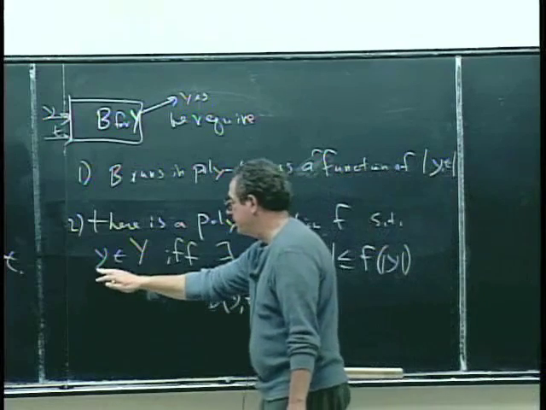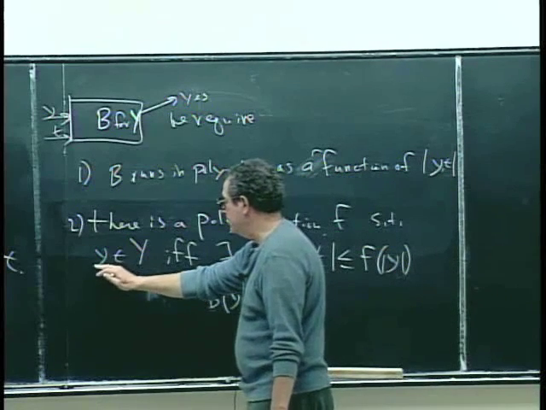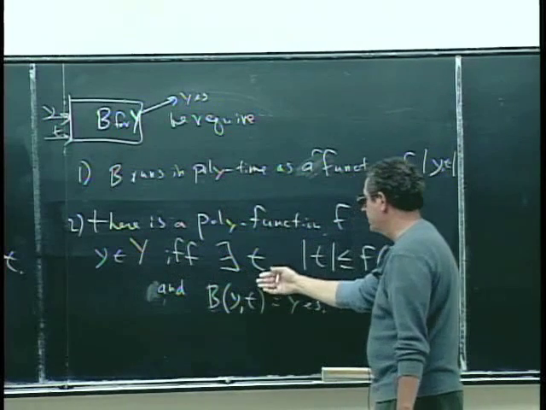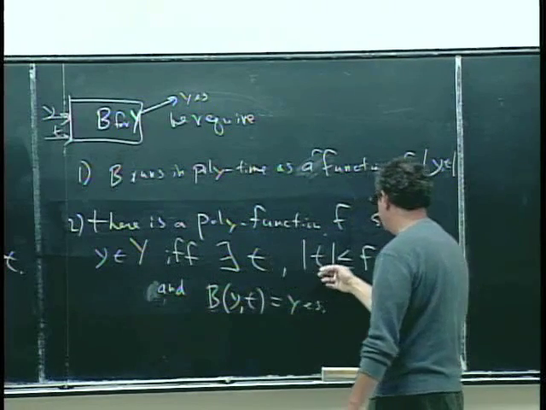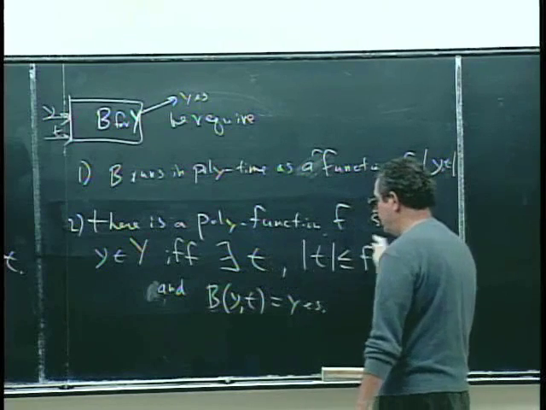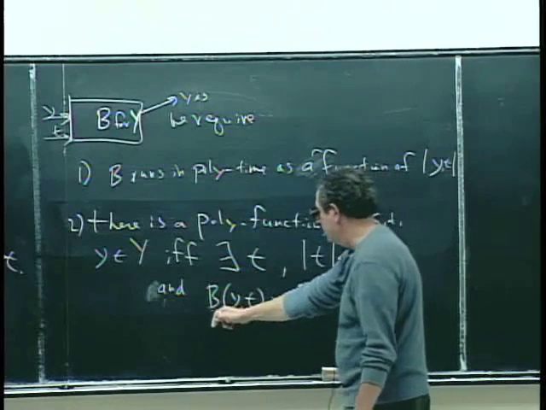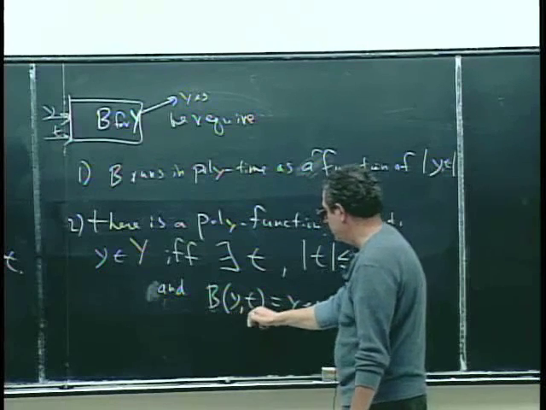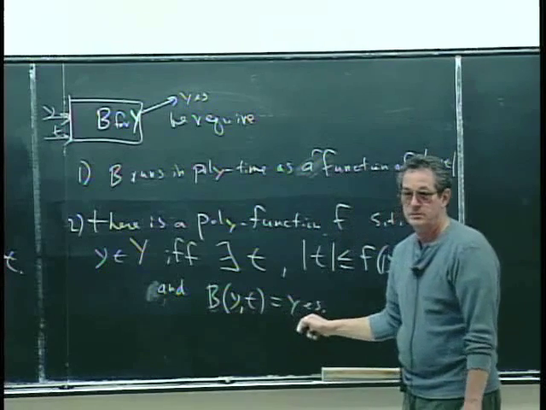And this is saying that little y will be in capital Y if and only if there is this hint such that it's relatively small, and this algorithm, when it looks at the input y and it looks at t, says yes.